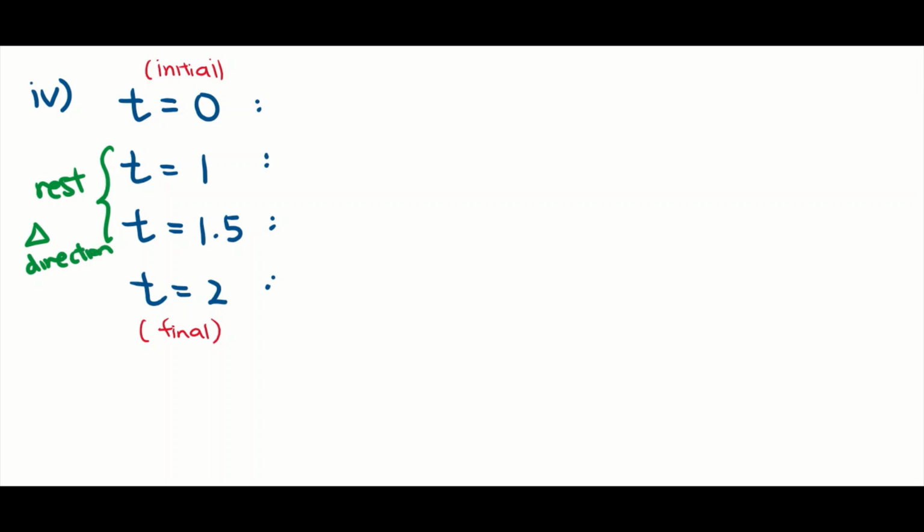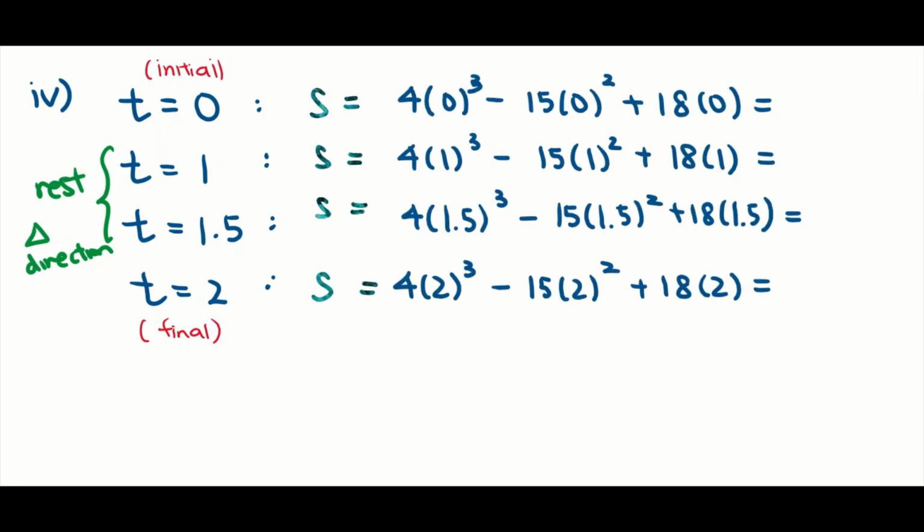Now, letting t be all these values, I need to find my s for displacement in all these cases. Once I sub in all these values, I can tell that my displacement will be 0, 7, 6.75, and 8 respectively. So now let's draw a diagram to visualize the motion of the particle.